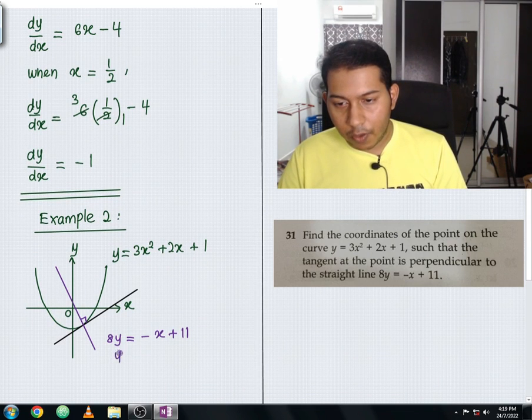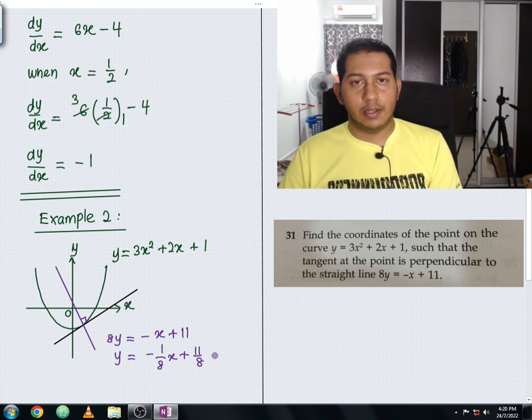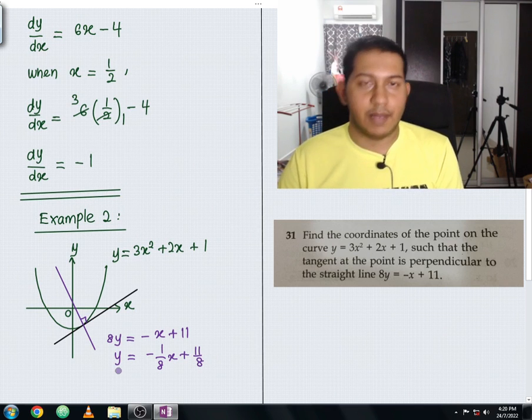In this case your y will be equal to negative 1 over 8 x plus 11 over 8. It's just the same.